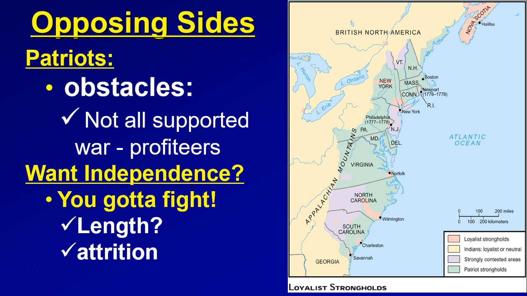Obstacles for the Patriots also are such that there is a limited number of people who are actually supporting the war effort. Some are just taking advantage of the situation and selling supplies and materials to both sides. They're afraid of what the war will turn out to be like, being on the losing side, big punishments coming with that, of course, or they're not sure what this whole independence thing is all about, and they aren't really willing to pick sides.